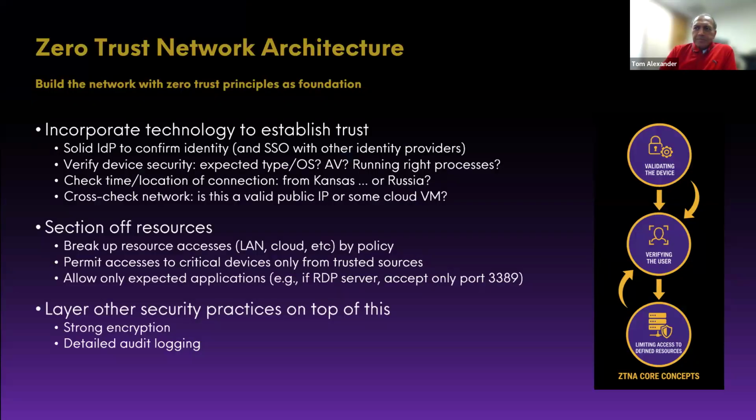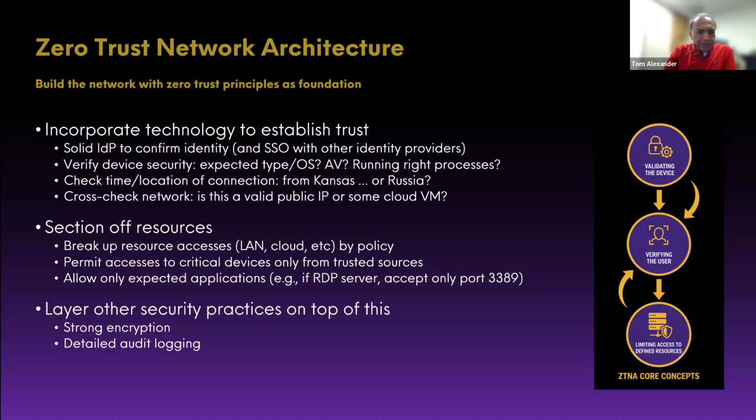Okay, so what we've done at Uplevel is to build a zero trust network architecture that uses zero trust principles as a foundation, and it combines a bunch of different things. There's an IDP, an identity provider, for confirming identity, and actually right now it is able to do SSO with other IDPs, and we are busy building out that particular piece of the infrastructure.